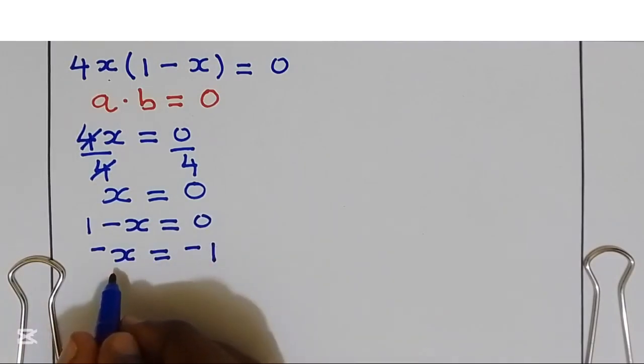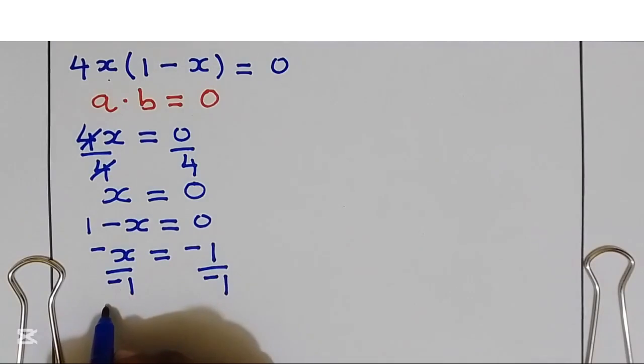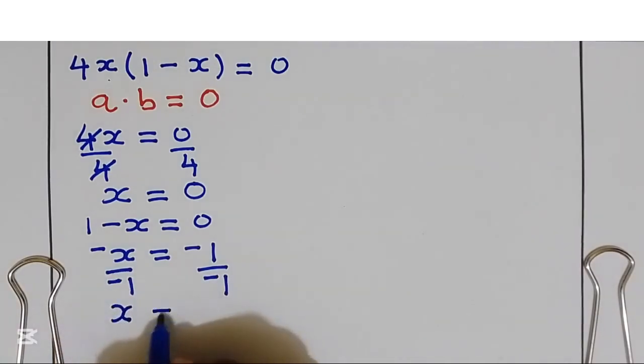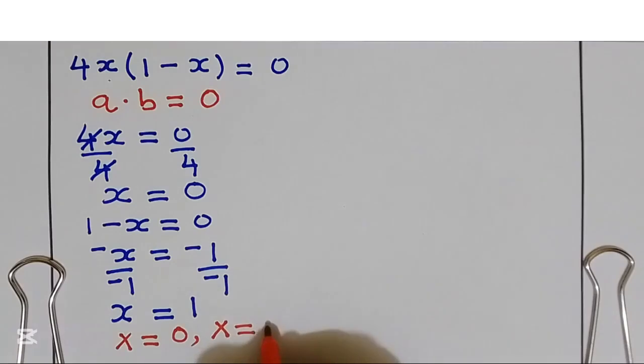Divide by minus 1 both sides. We're going to get x is equal to 1. Our values of x are x is equal to 0 and x is equal to 1.